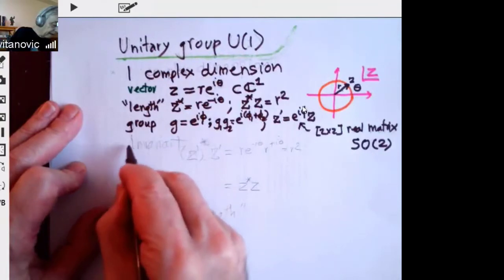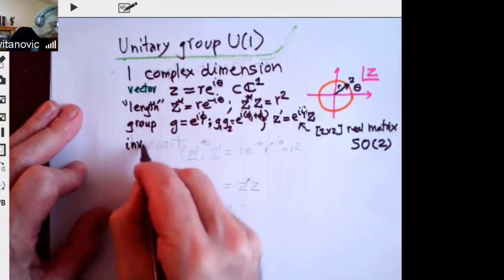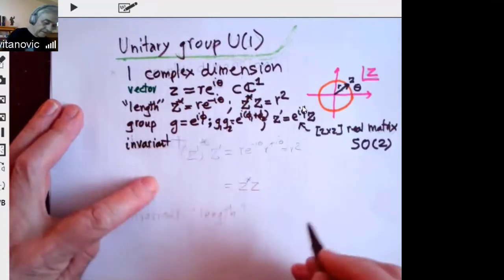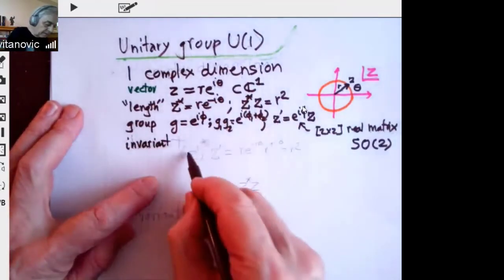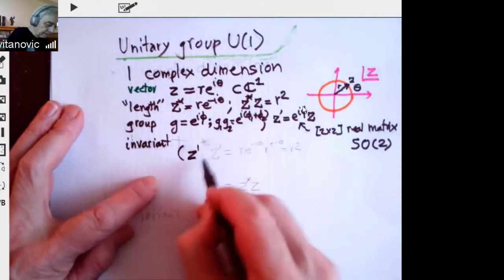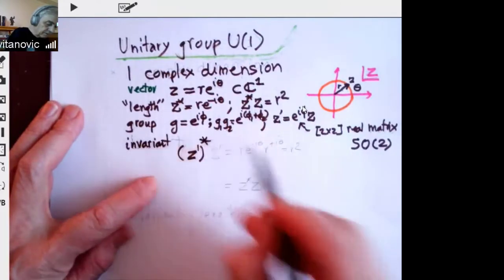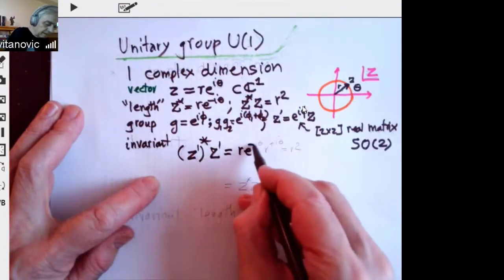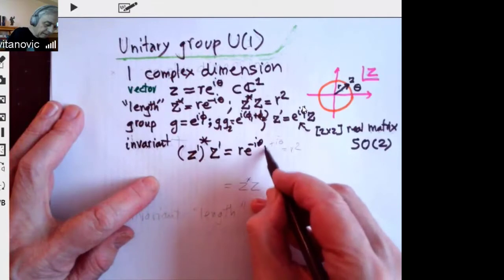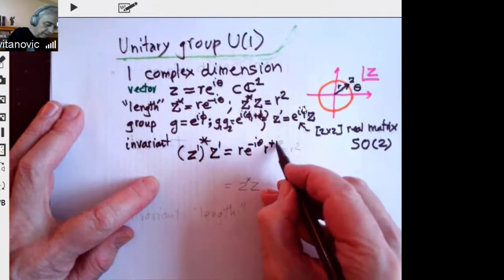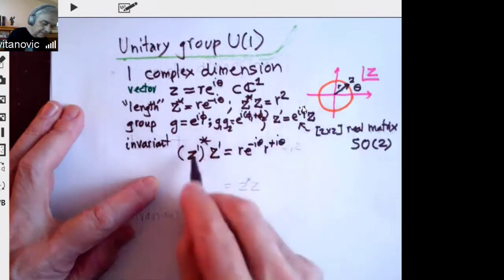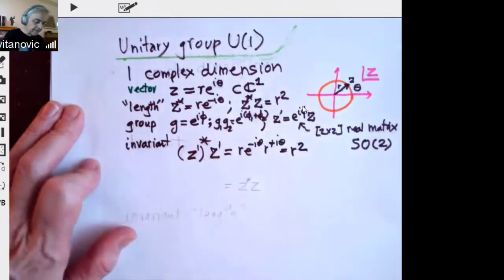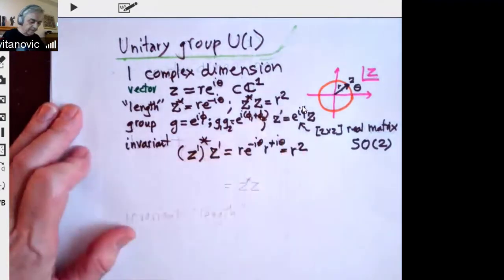And the length is an invariant of this transformation. Because if I look at this number, take its complex conjugate, multiply it by itself, there'll be r e^(i theta) and r e^(minus i theta). Only relative sign is important. And that's length squared, but that's the same as the original length squared.